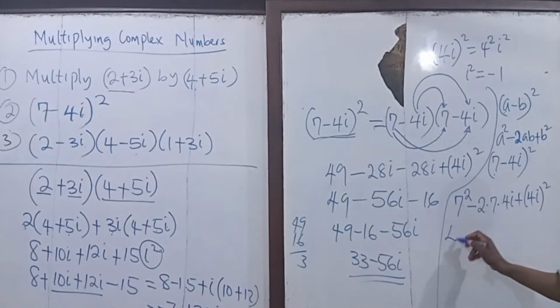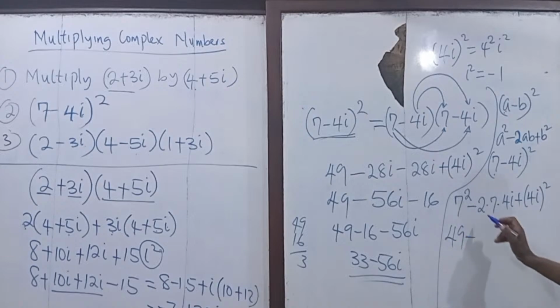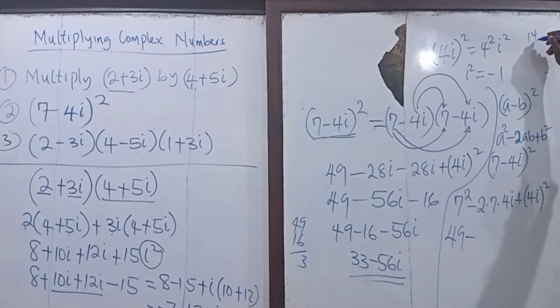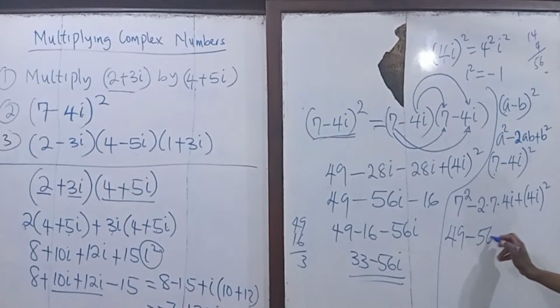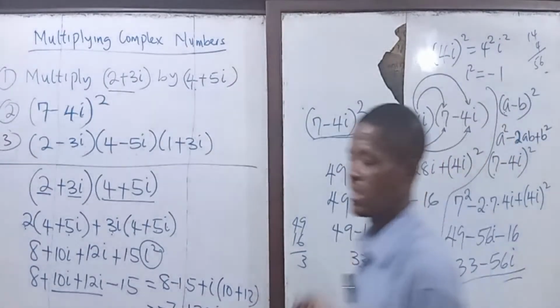This will be 49 minus 2 times 7, that's 14, 14 times 4, that's 56i. Then this one will be minus 16. Don't forget your i in this place. That'll be 49 minus 16, that's 33, minus 56i. So whichever way suits you, you can apply that.